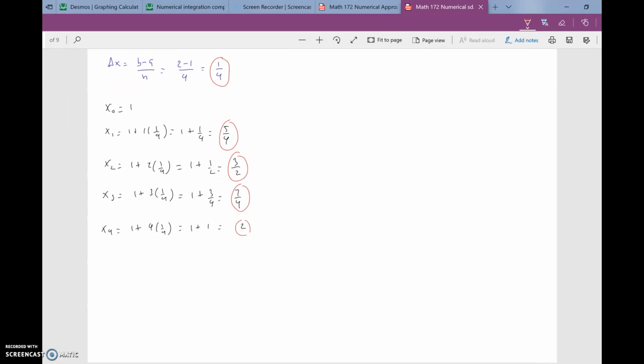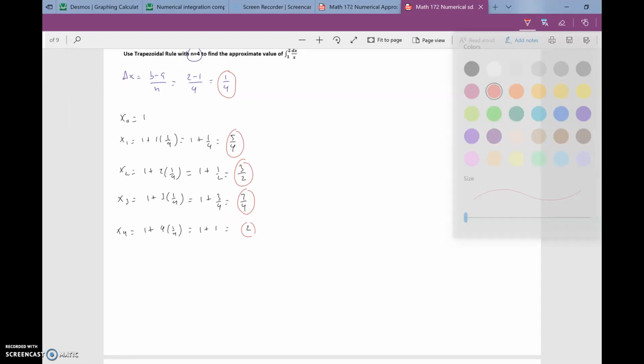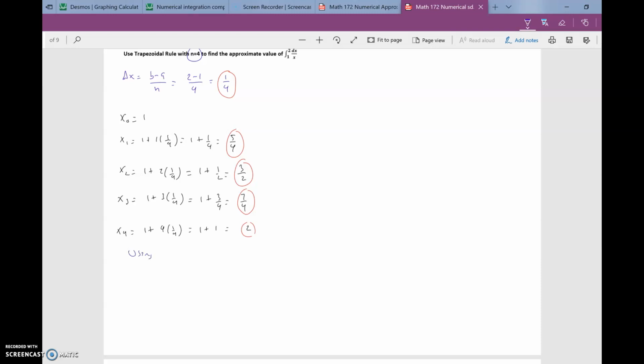Let me start it here. So using trapezoidal rule with n is equal to 4, and f of x is equal to 1 over x, we're actually going to find out that the integral from 1 to 2 of 1 over x dx can be approximated.